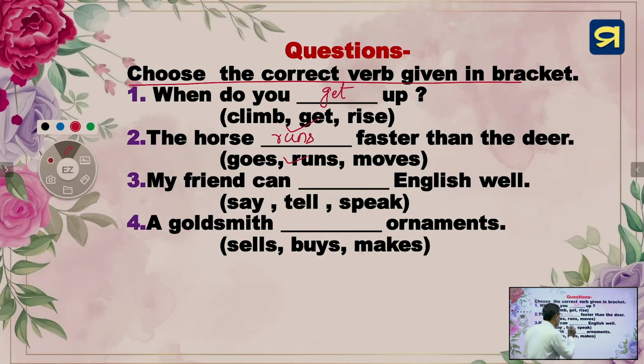Very good. Speak. Number 4. A goldsmith makes ornaments. What verbs are given here? Sells, buys and makes. Which verb is used? Very good. Makes. Okay. Generally a goldsmith makes ornaments, makes jewelry. That's why we will write here makes.